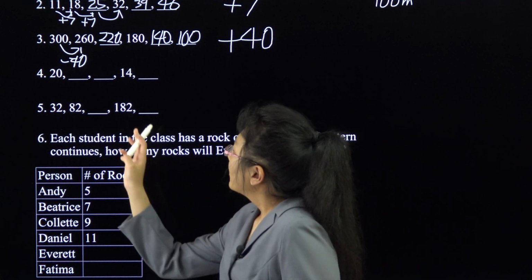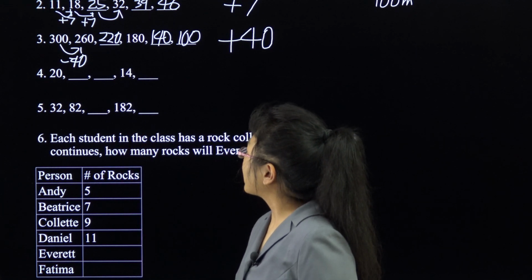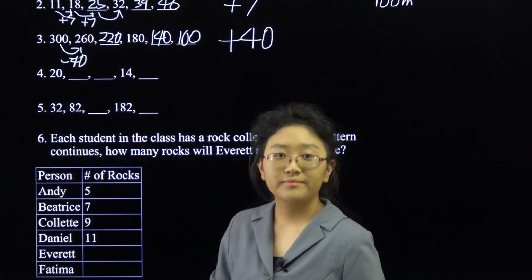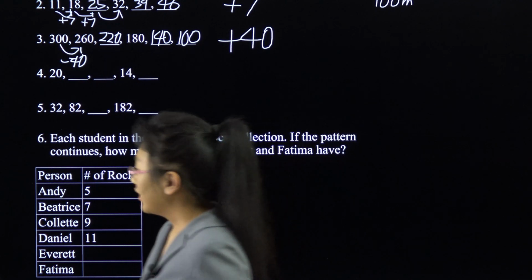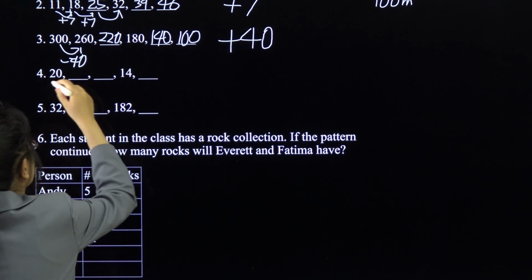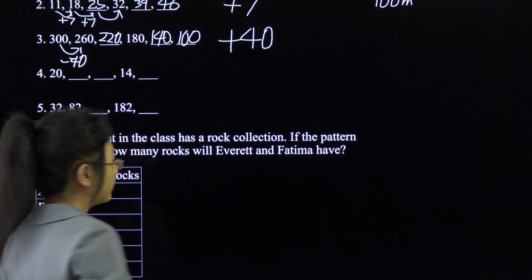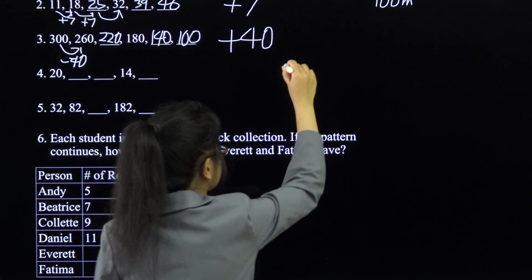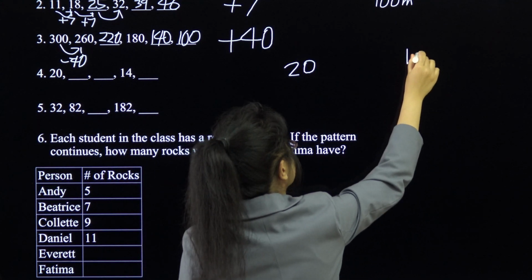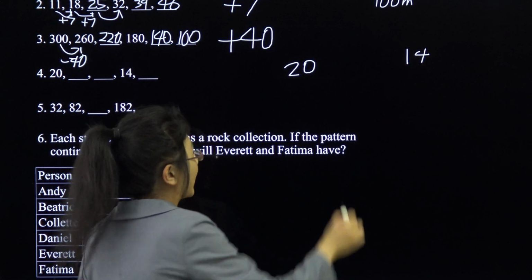Okay then. 20, something, something, 14. Well, this is troublesome. Here's the thing. It's 20, something, something, 14. So what's the difference between 20 and 14? 6, right?